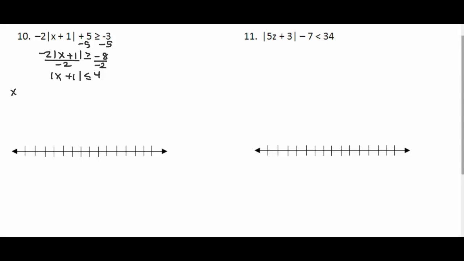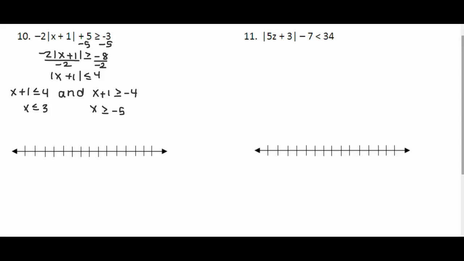So it's x plus 1 is less than or equal to 4, and x plus 1 is greater than or equal to negative 4. So x is less than or equal to 3, and x is greater than or equal to negative 5.